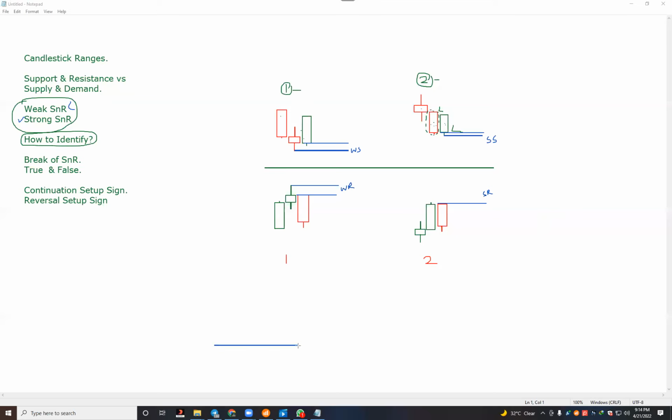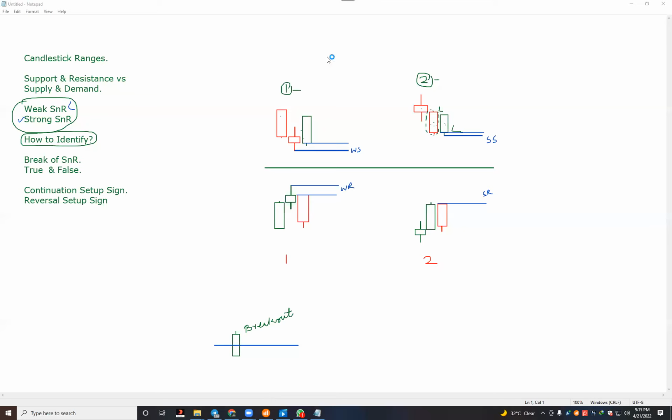There is a level. It can be support, it can be resistance. If the candle is breaking at the upside, what do we count it as? It is a breakout, right?